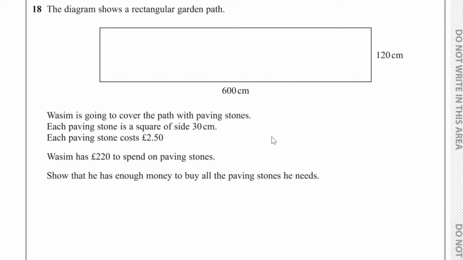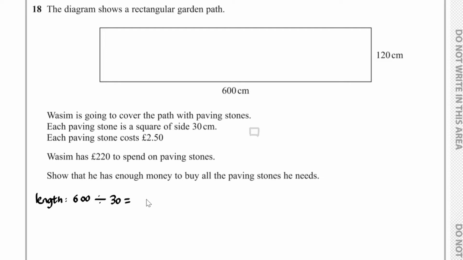Well, if we have these little square stones, we can find out how many squares will go across and how many squares will go along this width over here. So in terms of the length, we have 600 divided by 30.